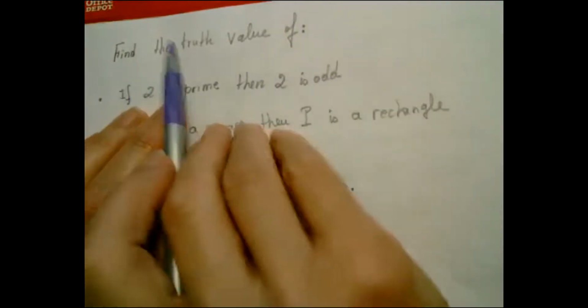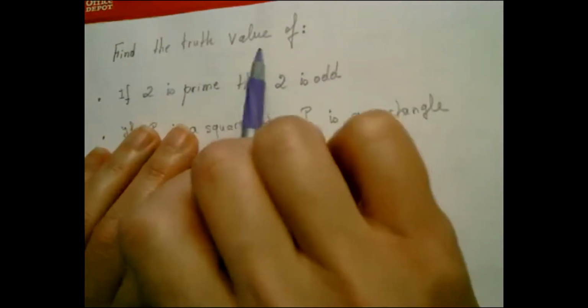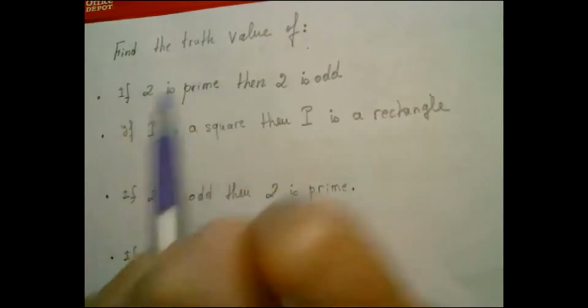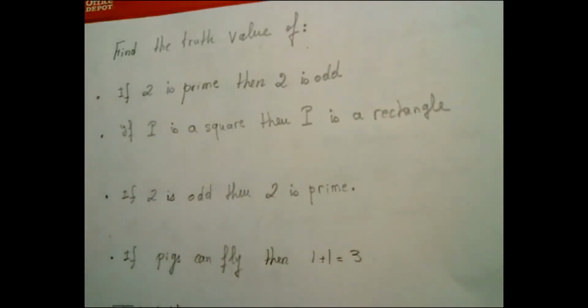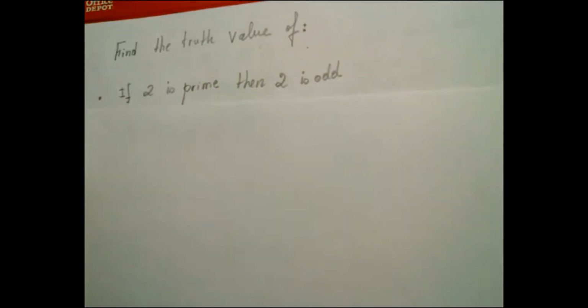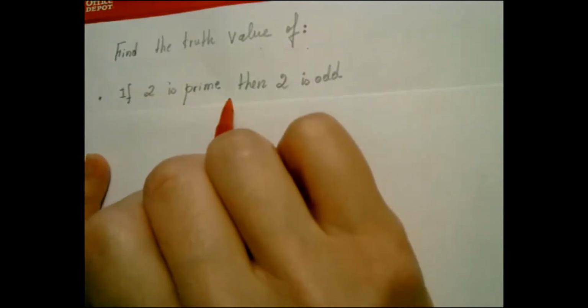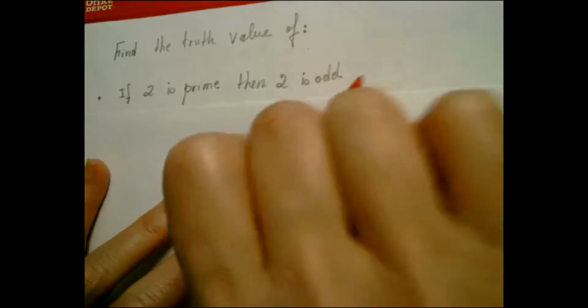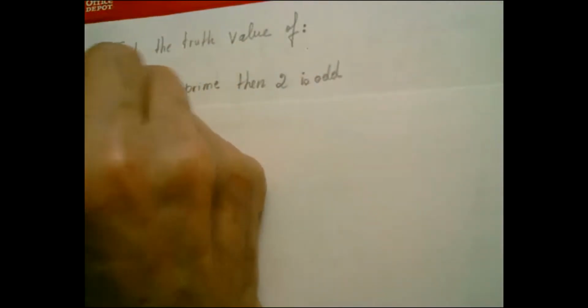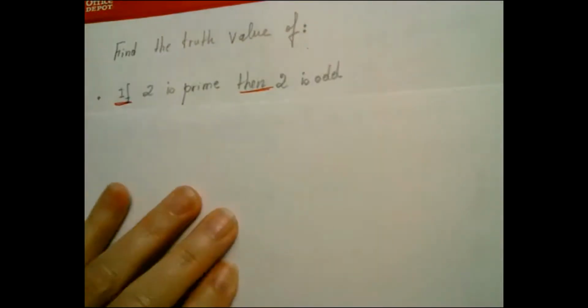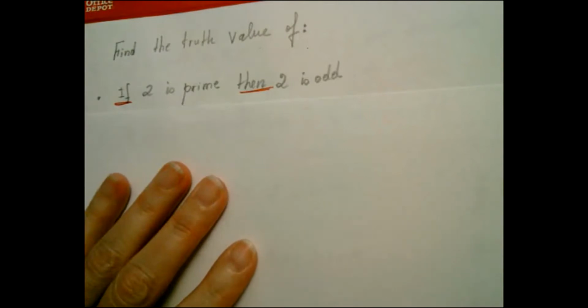All right, so now my problem is the following. Find the truth value of the following statement. If 2 is prime, then 2 is odd. If, then. So that's a conditional statement. Is this a true or a false statement?